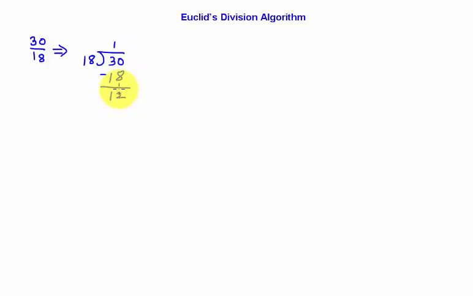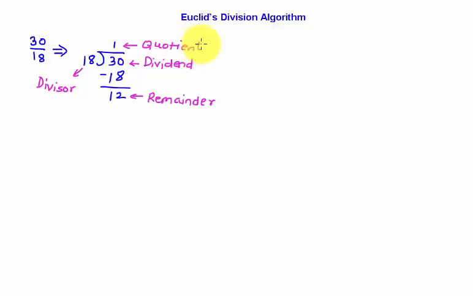In this case we call 30 the dividend, 12 is the remainder, 18 is our divisor, and 1 is the quotient. So you are all familiar with these terminologies.